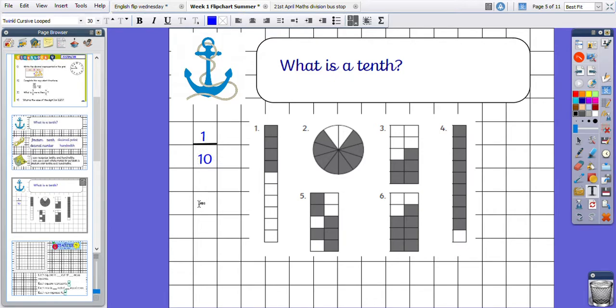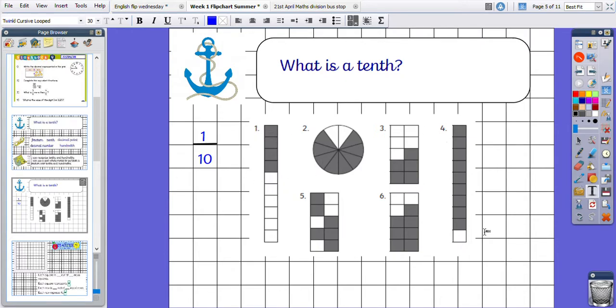Remember that our numerator tells us how many parts are shaded, or how many we are dealing with, and the denominator, the bottom number, tells us how many equal parts there are all together. So 1/10 is a unit fraction. All of the other fractions are called non-unit fractions because the numerator is bigger than 1. We are dealing with more than one part.